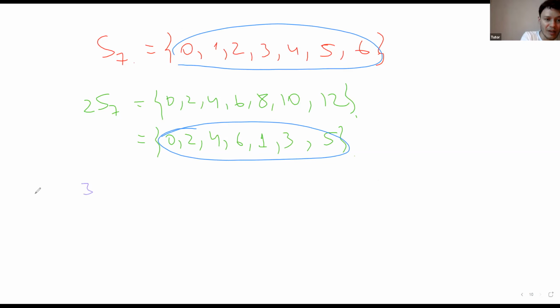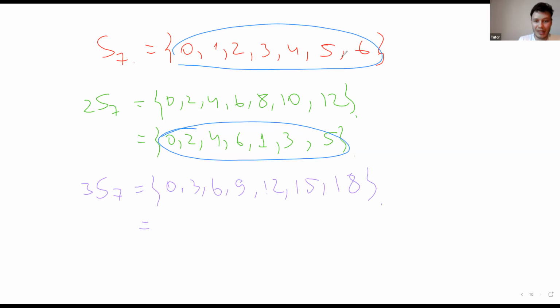What if I look at the set 3 S7? I just need to multiply all these remainders by 3. I'm going to get 0, 3, 6, 9, 12, 15, 18.